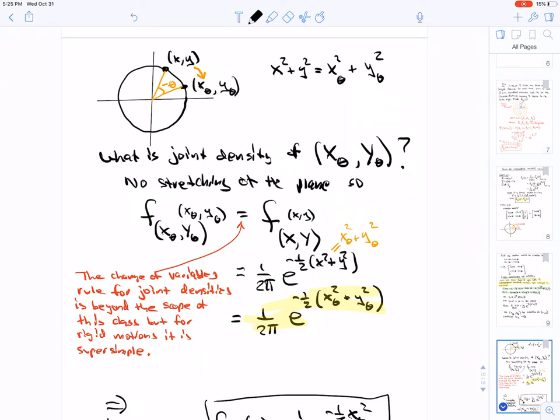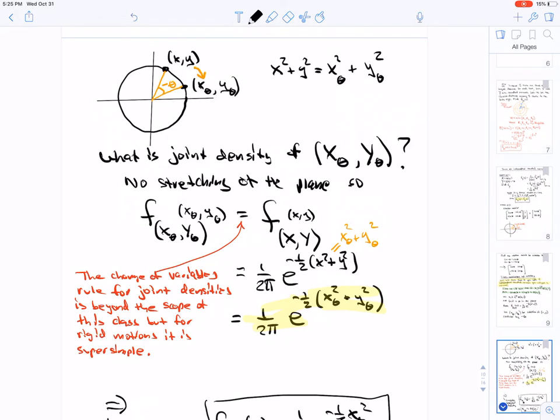For those of you that know multivariate calculus, essentially what's happening here is that the determinant of the Jacobian is plus or minus 1 here, and so the absolute value of that is 1, and that's why it's not changing.